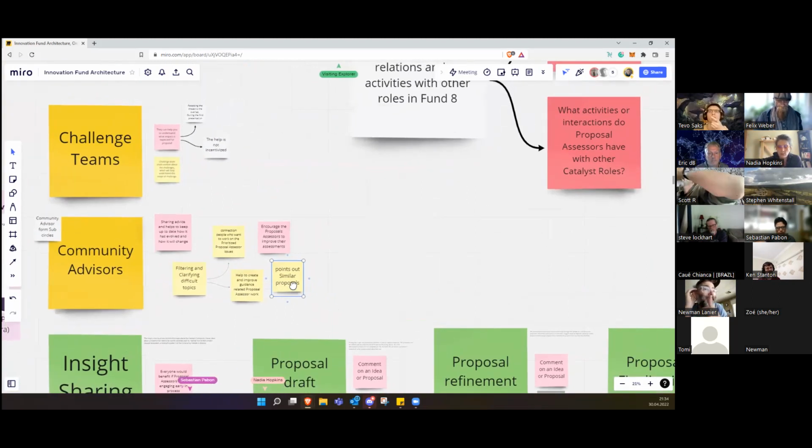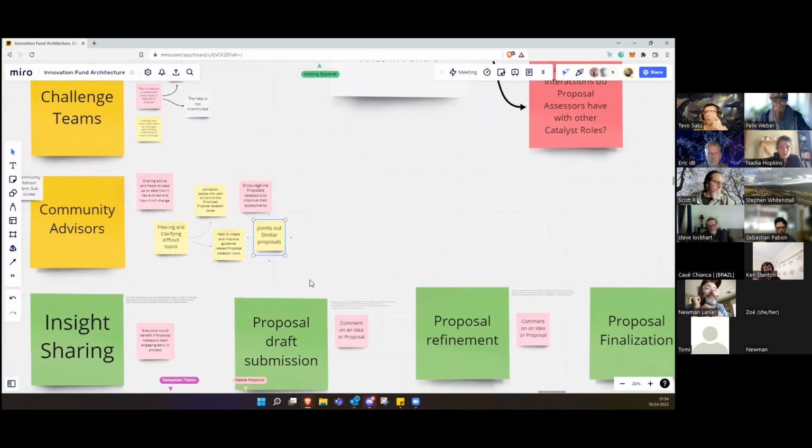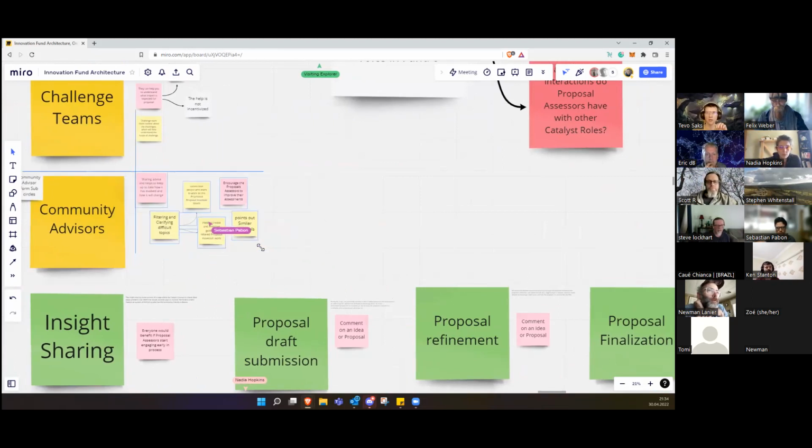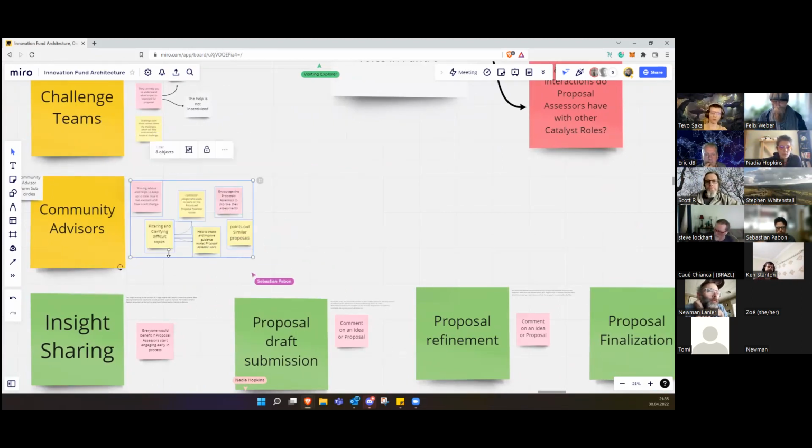I think then maybe this sticky itself could be moved around, because I added it also to community advisor, given that people like us who are not assessing proposals still look and notice, oh, this proposal is happening right now, because we all have our own proposals and the mission and alignment, we usually want to get to the end goal, and we sometimes notice somebody coming with an idea that is doing pretty much something similar to what we're already doing.